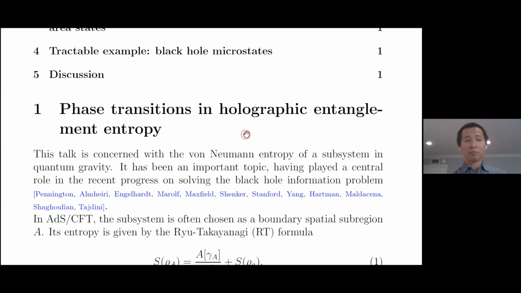So let's first start by talking about the von Neumann entropy of a subsystem in quantum gravity. So this is the main topic of the talk. This entropy has a few different names. Sometimes people call it entanglement entropy. Sometimes people call it the quantum entropy. Sometimes people call it the fine-grained entropy.